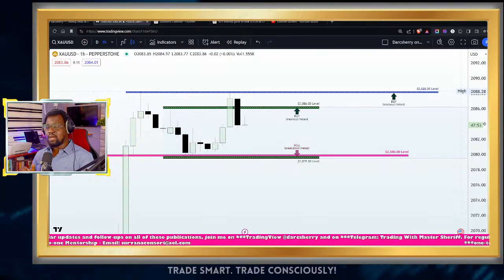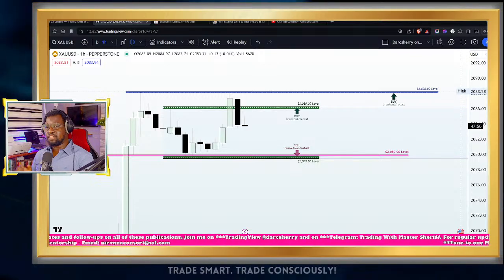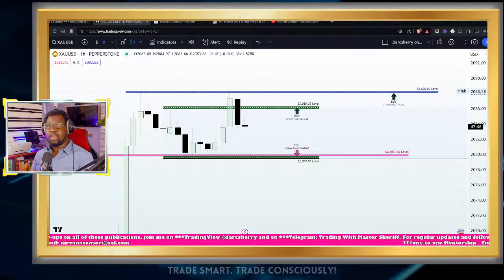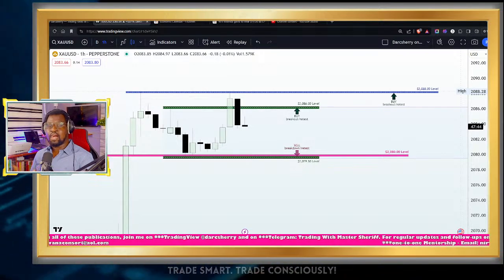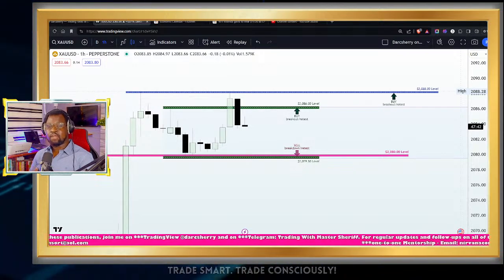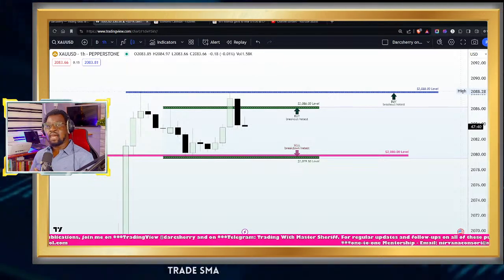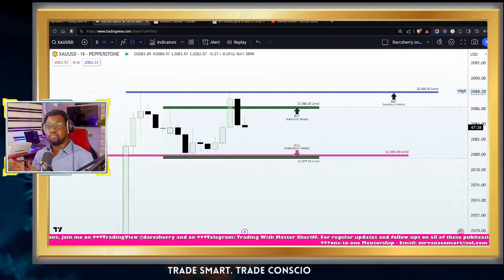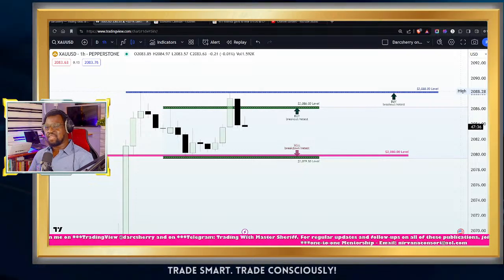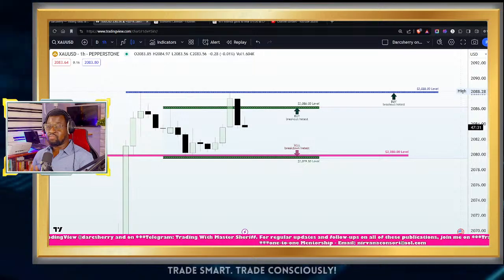And remember, on Wednesday and Thursday, the Fed chairman is going to be testifying before the House of Congress, where he will be giving an overall outlook into the economy of the US, the monetary policy outlook, and the projection of the Federal Reserve. So this, of course, will be giving some insight into where price may likely go.